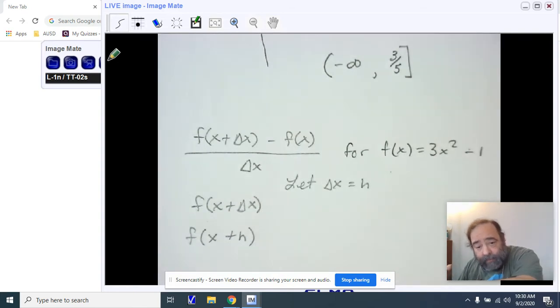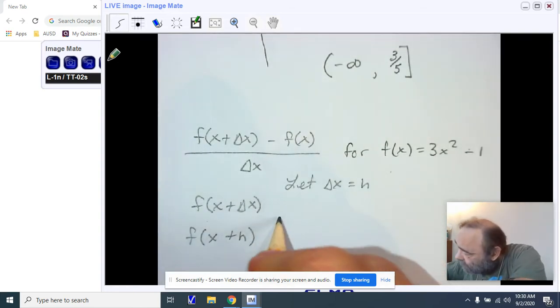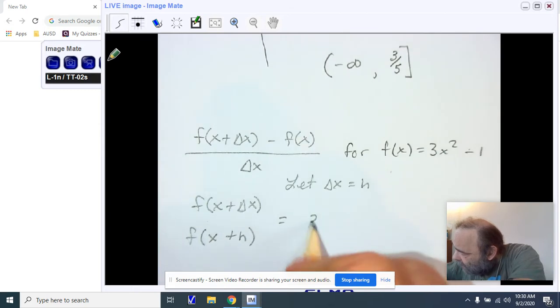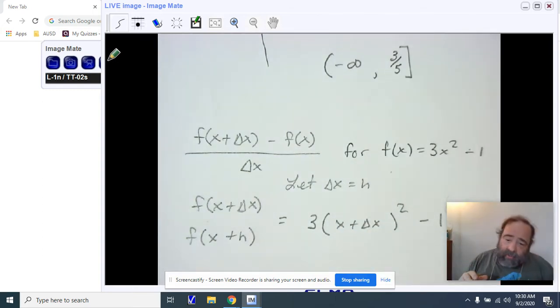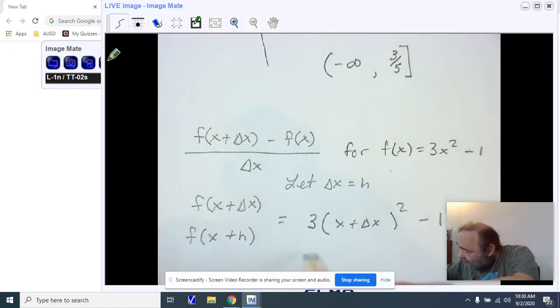It's up to you. Now, once you've done that, I'm going to put the 3 parentheses squared minus 1 and then put my x plus delta x in. Now, what you'll notice is this is a quadratic. You're never going to have anything beyond a cubic, so please don't stress. We're now going to FOIL this out and then distribute the 3 and subtract the 1.